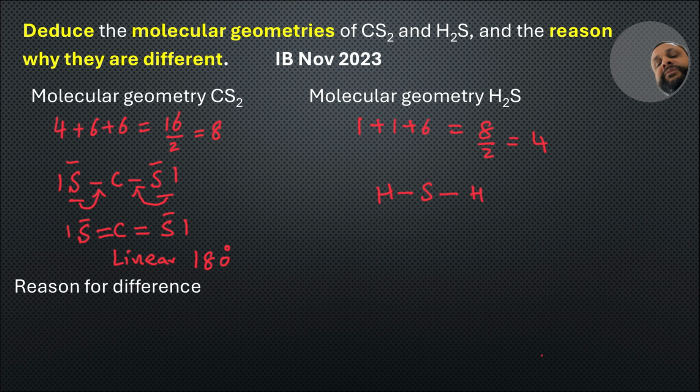Hydrogen can have a maximum of 2 electrons, which they already have. And I need to distribute the remaining around sulfur. So if I look around sulfur, I have 1, 2, 3, 4 domains. So electron domain geometry should be tetrahedral.